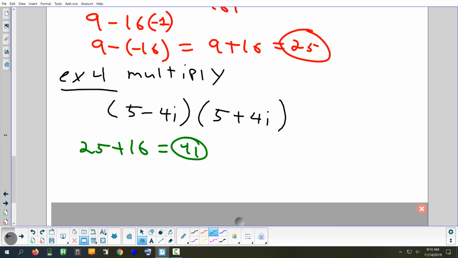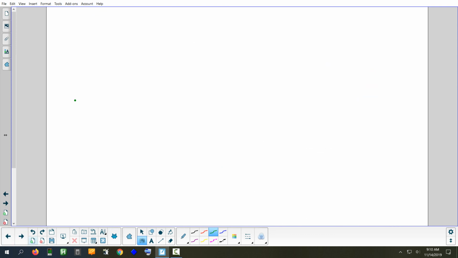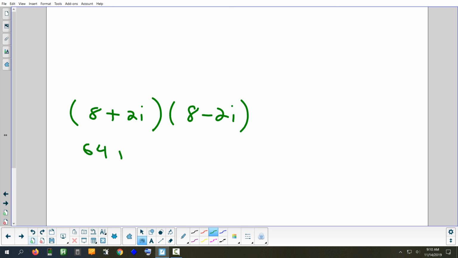If you don't have conjugates, you just got two random numbers you're multiplying, you just got to do it out. There's no trick. But yeah, somebody said, what's 8 plus 2i times 8 minus 2i? I should be able to do that in under 10 seconds. 8 squared is 64. 2 squared is 4. The answer is 68. That's how you do it.